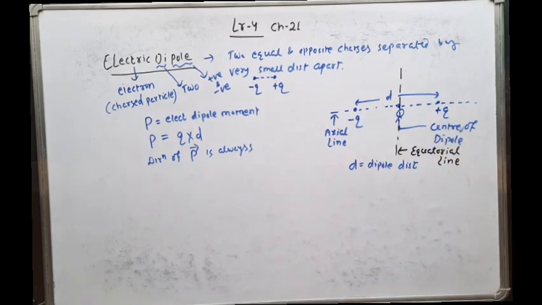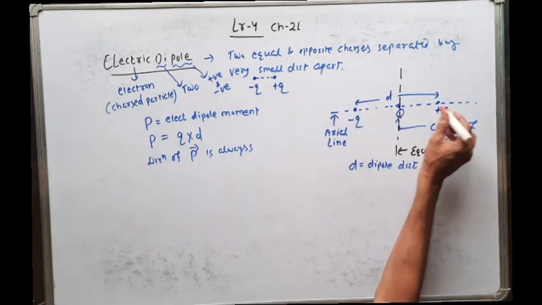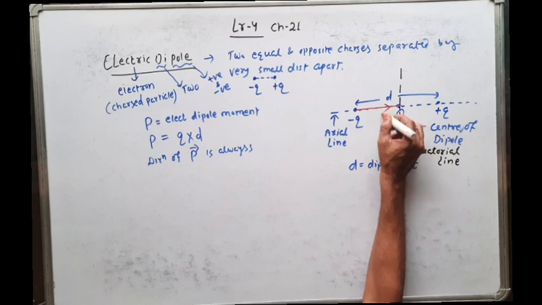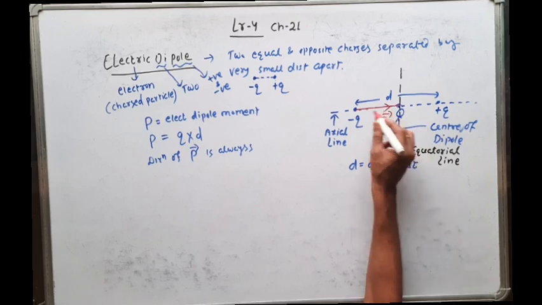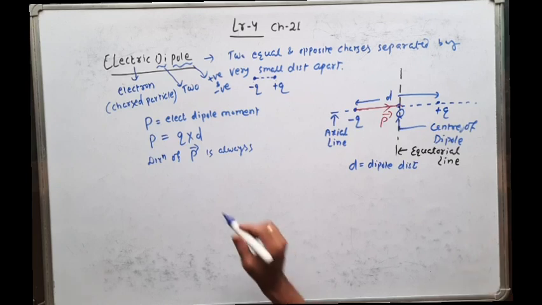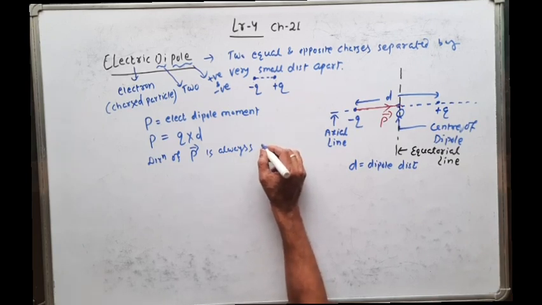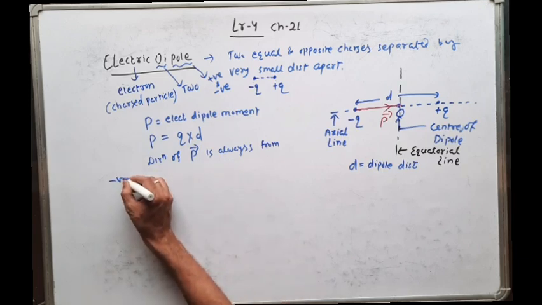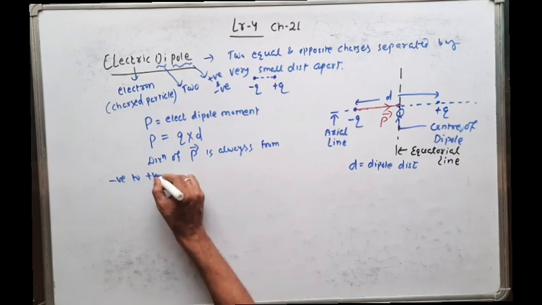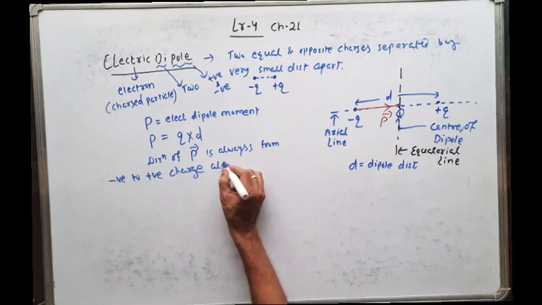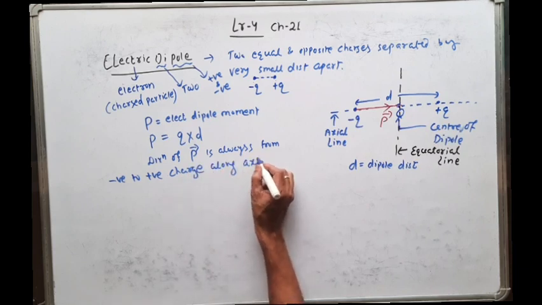This is minus q charge, this is plus q charge, so the dipole moment direction is from minus q to plus q, along the axial line.